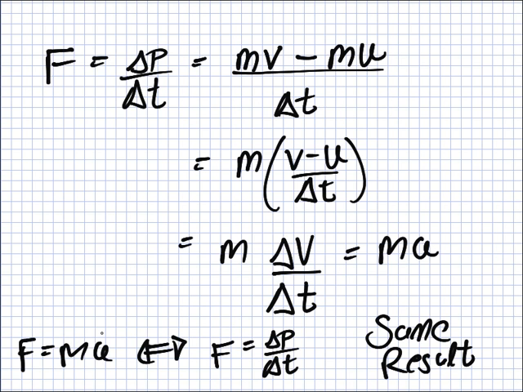Now in the exam, they might ask you to prove that. I should tell you, when they ask you for what's Newton's second law, they prefer when students give this form of the law. They like this version better than this version.